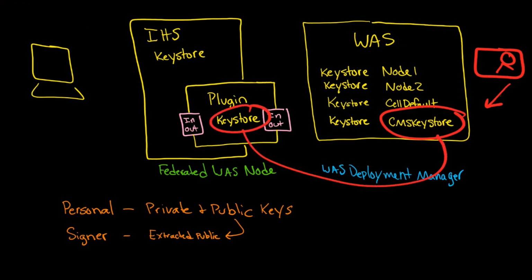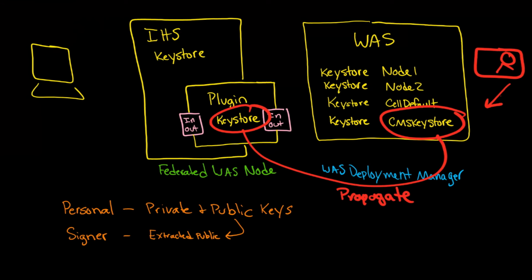And so CMS keystore actually refers to the keystore on the plugin. And that copying is called propagating. And you'll also see it listed under generating. So you're propagating that certificate to the plugin.